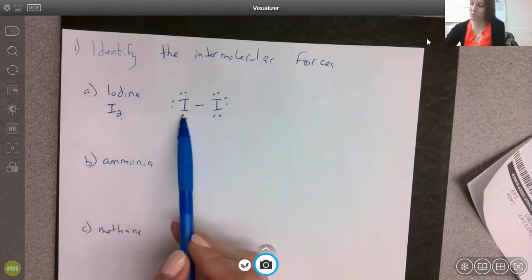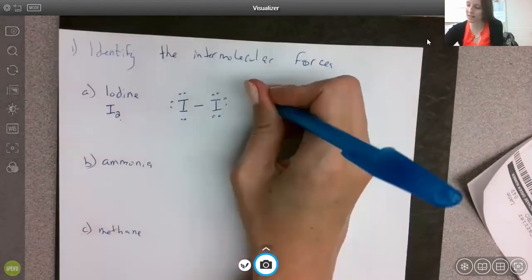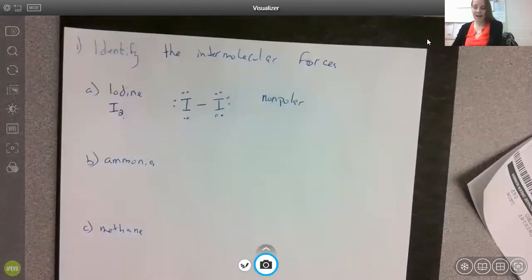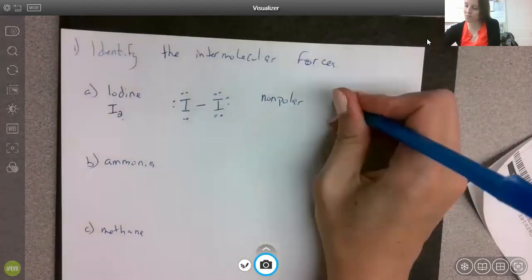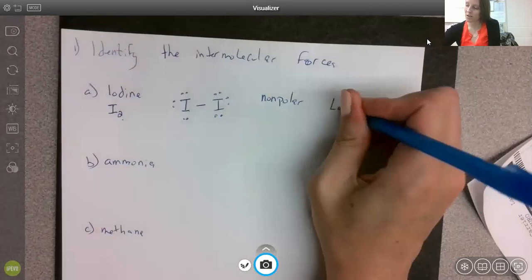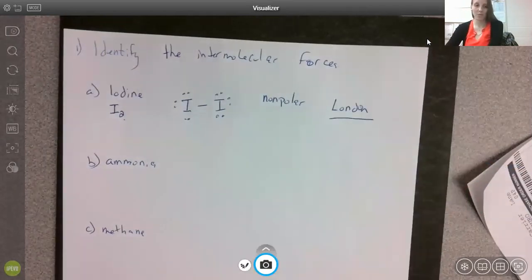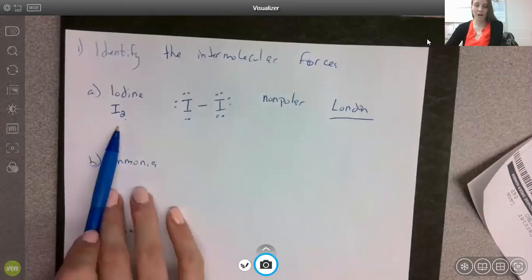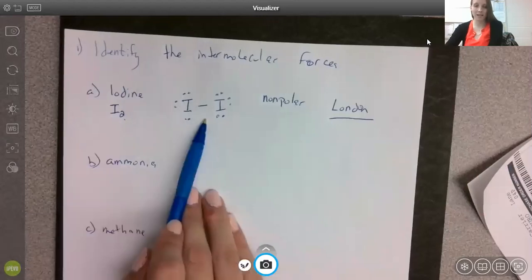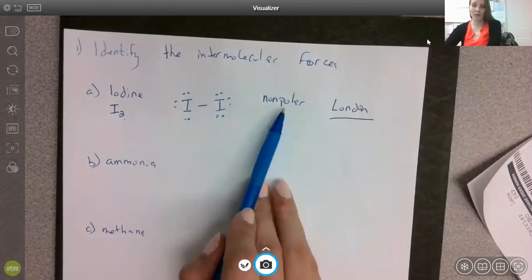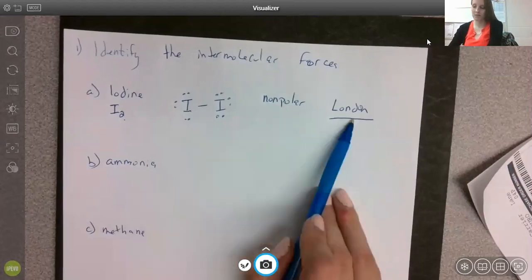And so this would be completely nonpolar. And because of that, its only intermolecular force would be a London force. Okay, so we start with the formula, we draw it out. Based on its shape, we figure out if it's nonpolar or not. And if it's nonpolar, it's definitely a London force.